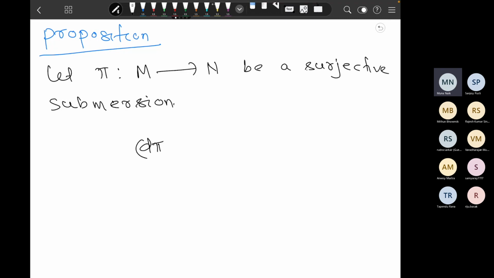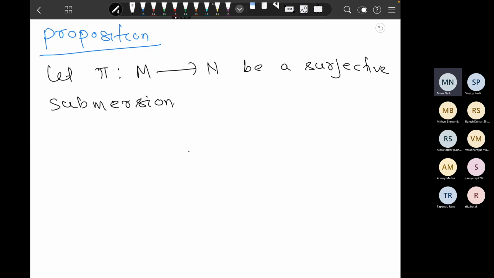That means if you look at dπ_p from T_pM to T_{π(p)}N, this is onto. This is the meaning of submersion.